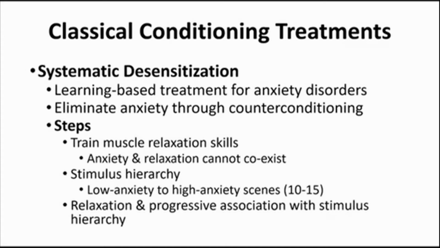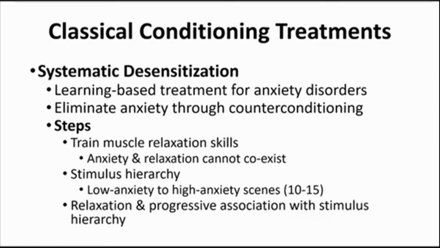So the steps that you'd follow to go through this counter conditioning is you start training that client with muscle relaxation skills. So if their usual response is to be anxious, you're going to tense up. You're going to start breathing quickly. You're going to have a fear response. So that's the anxiety response that starts happening.